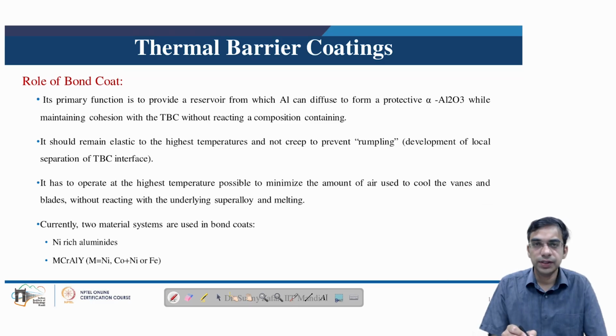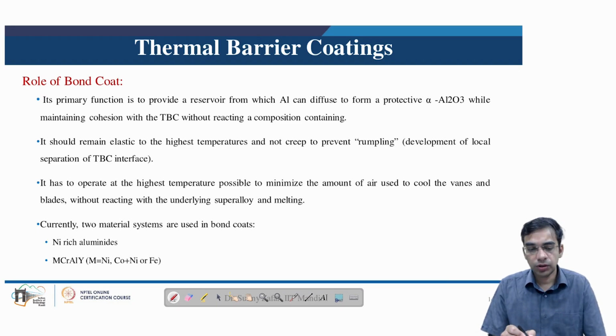The bond coat, which is present as an interlayer in between, has the primary function of acting as an aluminium reservoir, which can result in formation of protective aluminium oxide, maintaining cohesion with the thermal barrier coating without reacting with the composition. It also remains elastic even at high temperature and prevents the rumpling or local separation of the thermal barrier interface.